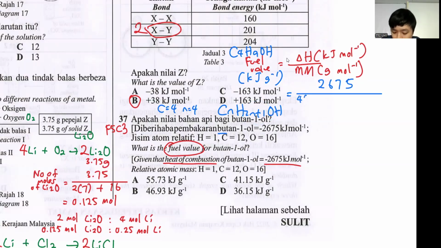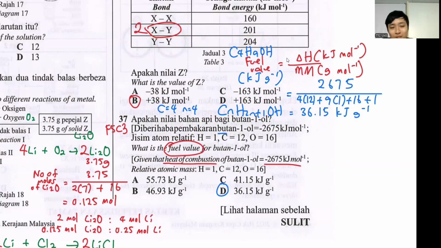C4H9OH. So 4 times 12 plus 9 times 1 plus 16 plus 1. What's the answer? 36.15 kilojoule per gram.